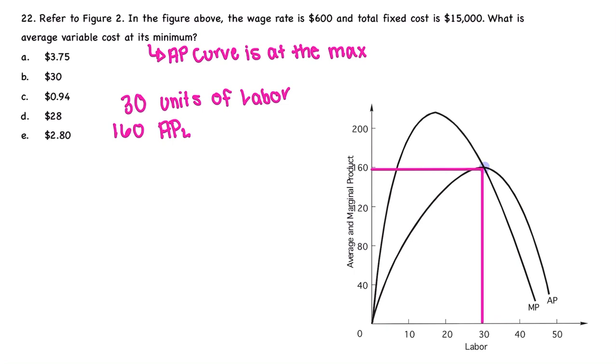And then it wants to know the average variable cost. So average variable cost is going to be our cost for labor divided by the quantity that we're producing.